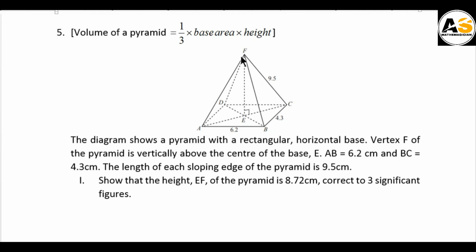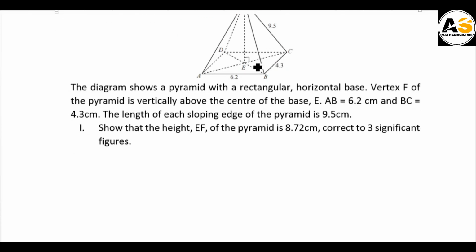Dear student, first of all, we will find the length of the diagonal of the base. Its half will be equal to EC. And then we will use Pythagoras theorem to find EF. First of all, let us find AC. AC is equal to the square root of 6.2 square plus 4.3 square.